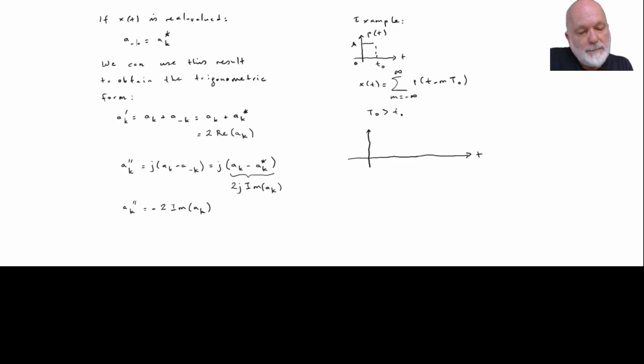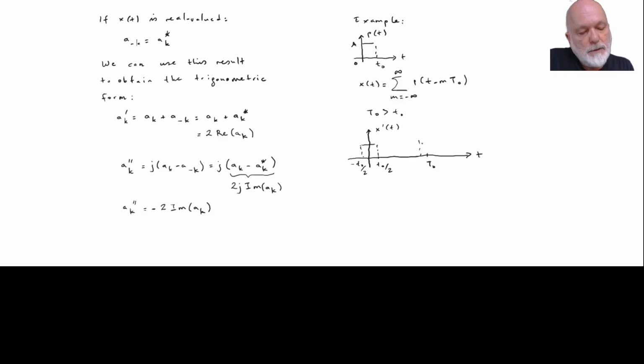Let us call this signal x prime of t. x prime of t is the rectangular pulse from minus t0 over 2 to t0 over 2, and we have the periodic extension.